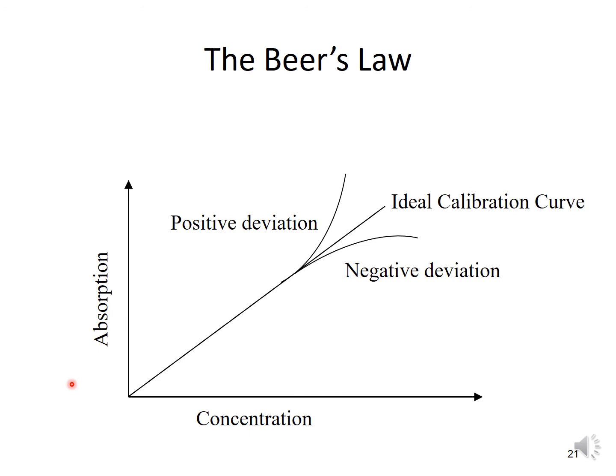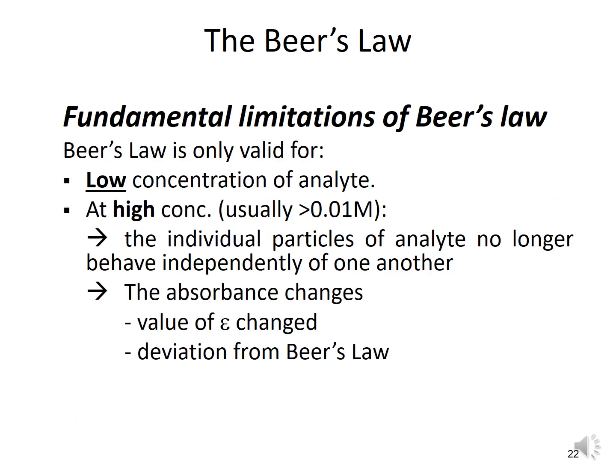So this is very common. Next, this is the limitation of Beer's law. Basically, Beer's law is only valid for a very low concentration of analyte. At high concentration of analyte, it will have a problem to follow the Beer's law.